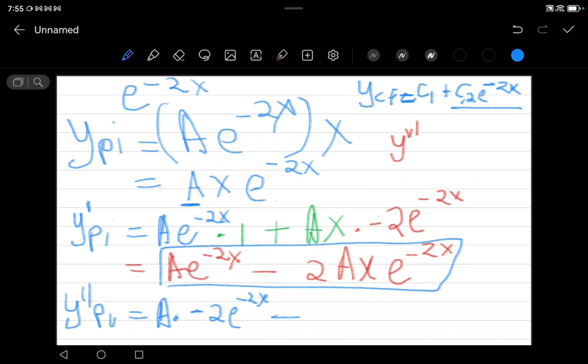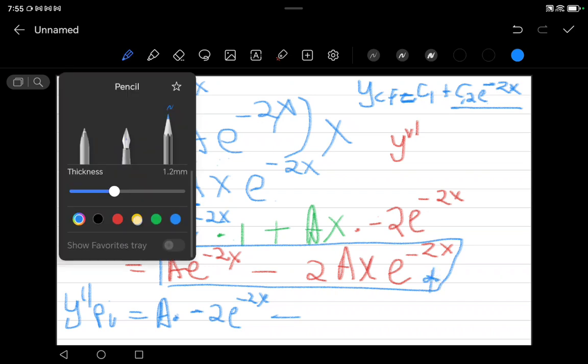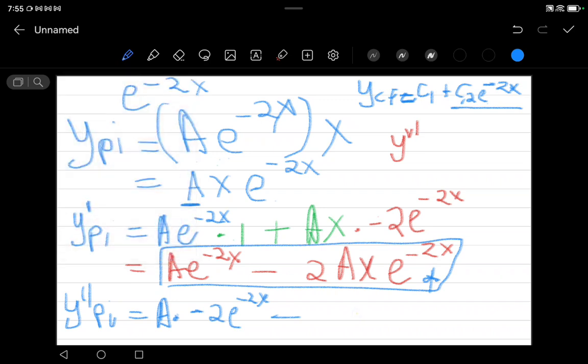So derivative of a e to the power of negative 2x is going to be a multiplied by negative 2e to the power of negative 2x minus, and then now we're going to focus here. Let's use a different color. So now we're going to focus on 2ax e to the power of negative 2x.